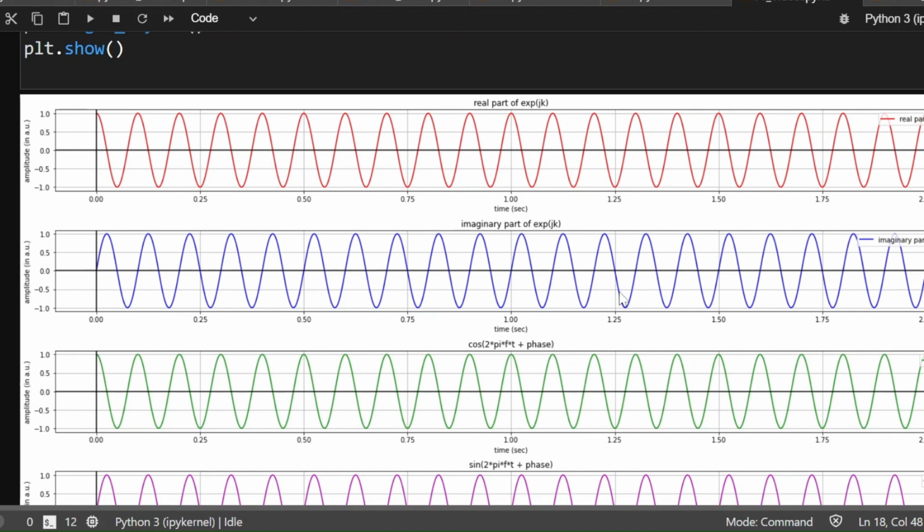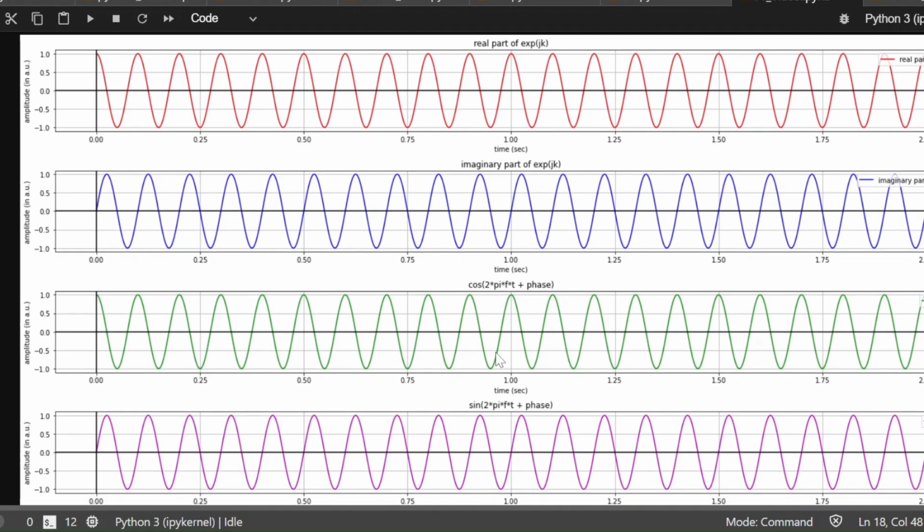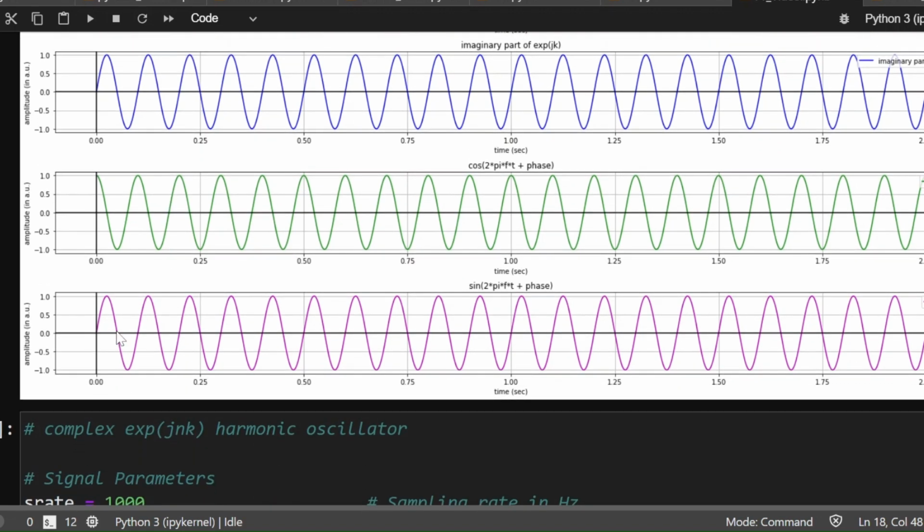Now if you look closely, the real part of the complex exponential is a cos wave, which has the same phase and same frequency as this third plot, which is coming from the cos sinusoid. That means the real part of the complex exponential is the same as the cosine waveform. It's a very big discovery. And the imaginary part of the complex exponential is a sine wave with the same phase and frequency as this fourth plot, which is coming from the sinusoid.